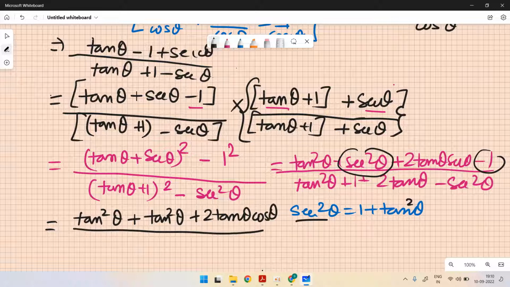Upon this, tan square theta plus 1 is secant square theta, so secant square theta plus 2 tan theta minus secant square theta. So this secant square theta will get cancelled.